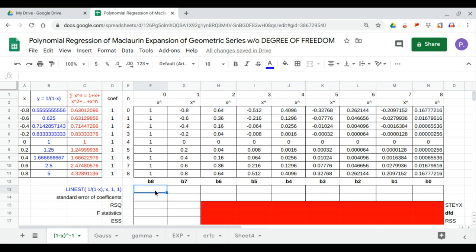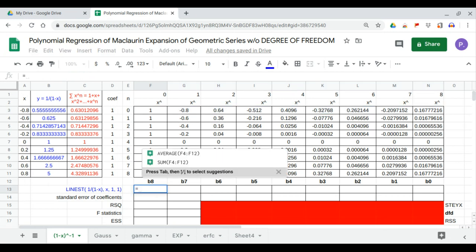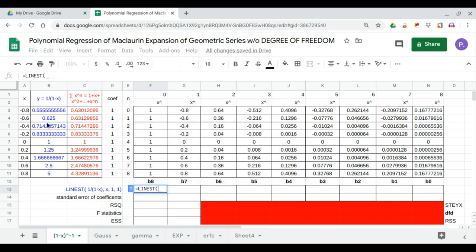So for the data set of the geometric series, it will be Linest of data y and data x. And we'll show the full statistics.